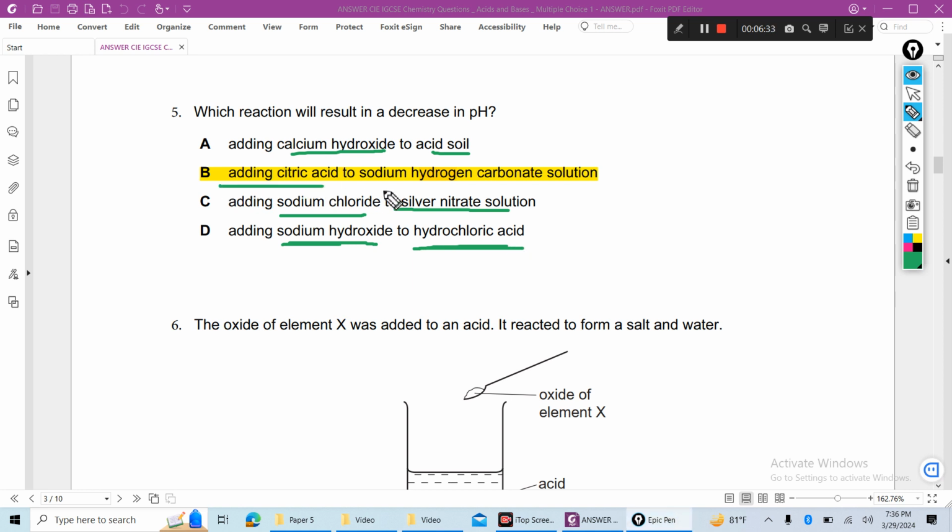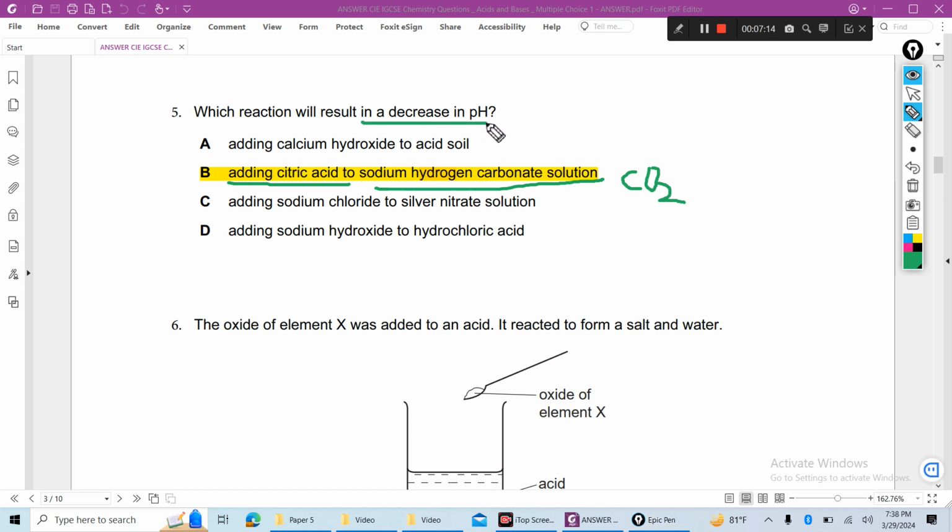So citric acid to sodium hydrogen carbonate, pH will decrease. If you add citric acid to sodium hydrogen carbonate, salt plus carbon dioxide plus water will be produced, and carbon dioxide dissolves in water to produce carbonic acid. So pH decreases.